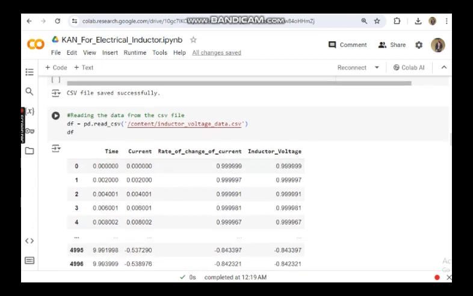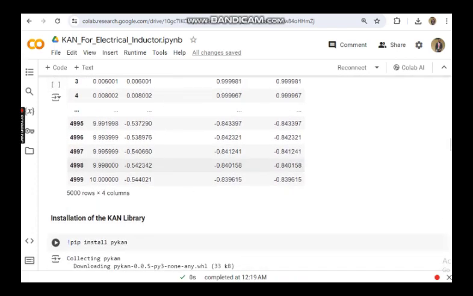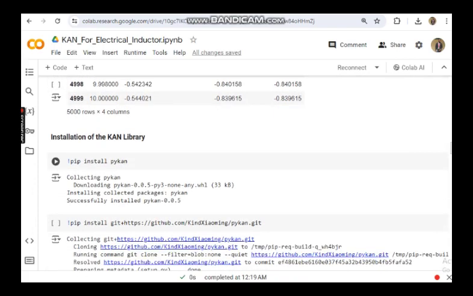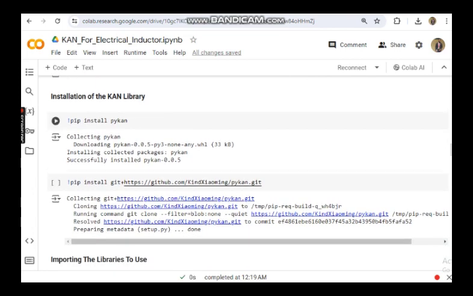Okay, so this is the data that came out. We have the time, the current, the rate of change of current, and the inductive voltage. I installed the KANs, which you can get from their official site or the official GitHub repo.